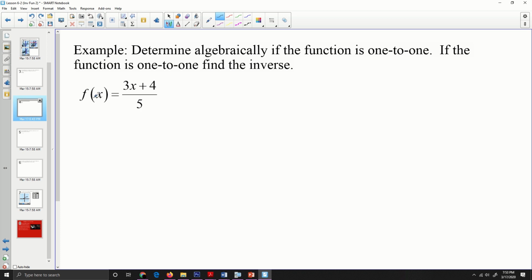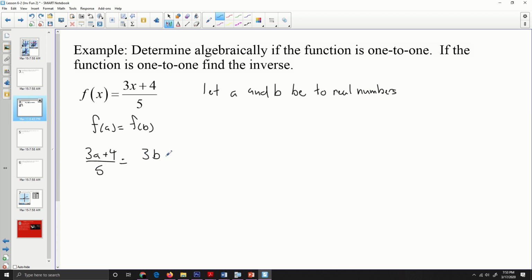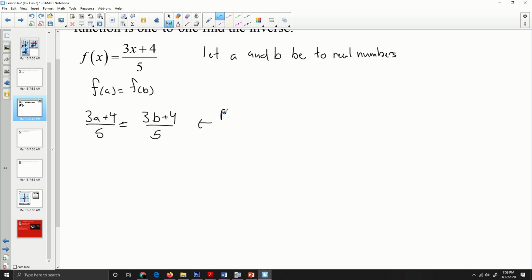Okay, so if we want to determine if a function is one-to-one algebraically, this is how we're going to do this. We're going to let a and b be two real numbers, and they have to be distinct. And so then we're going to let f of a equal f of b. So I'll go (3a plus 4) over 5 equal to (3b plus 4) over 5. All right, and so here I'm going to try and reduce this thing. We're going to multiply both sides by 5, and I'll get 3a plus 4 equals 3b plus 4 because the 5's will cancel.